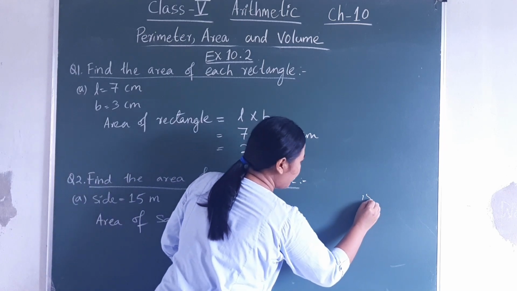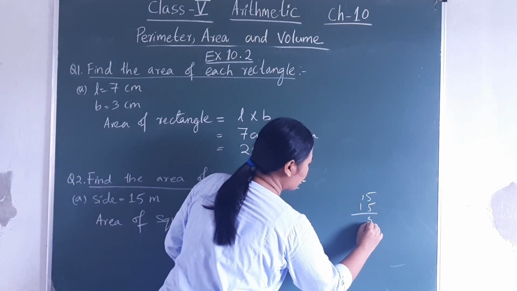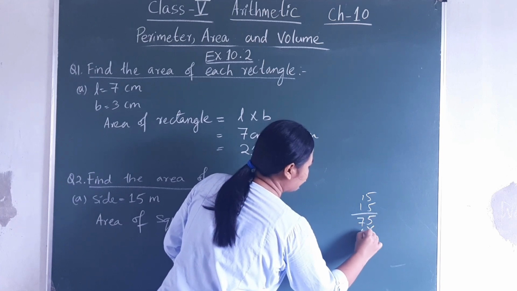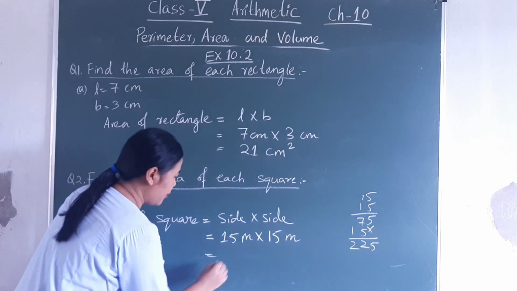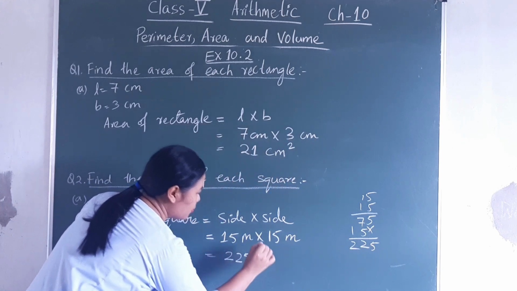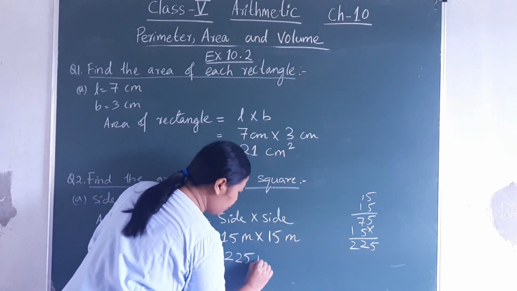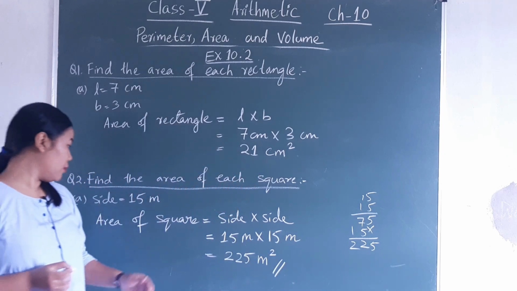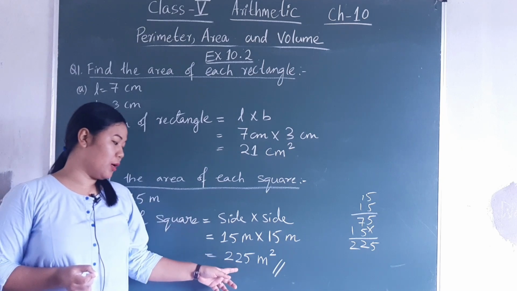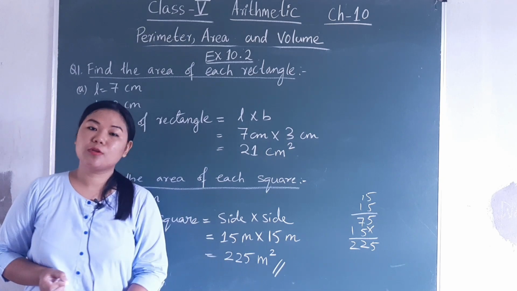So you multiply 15 into 15. 225 meter into meter, meter square. So area of square of the given side is 225 meter square.